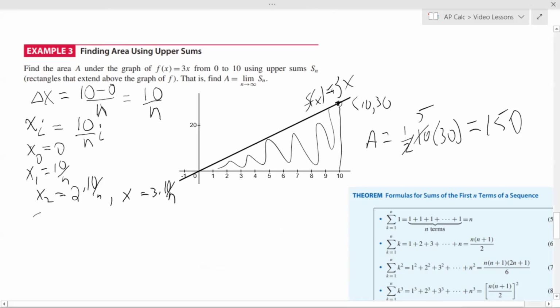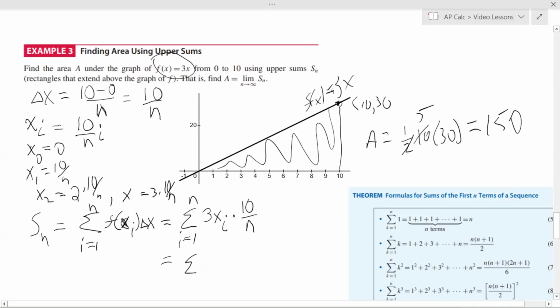So the sum, Sn, or the area, is equal to the sum, i equals 1 to n, of f of ci times delta x. In this case, that would be the sum, i equals 1 to n, of, if I plug xi into this function, I put c, but we're going to do xi, then I would have 3 xi times delta x, which we said was 10 over n.